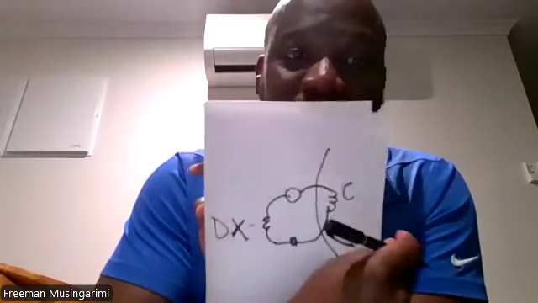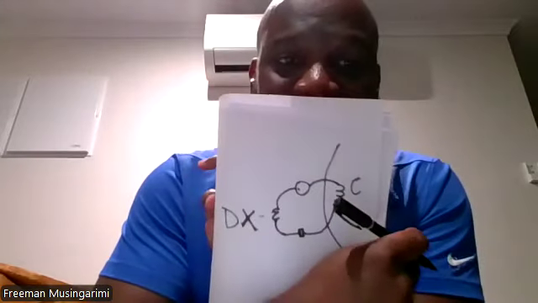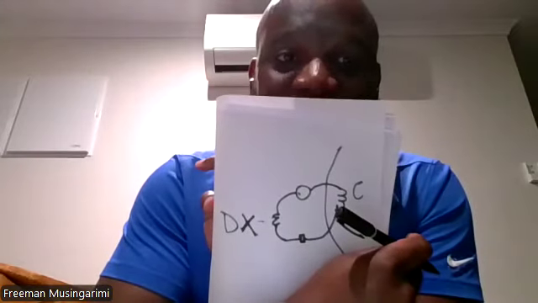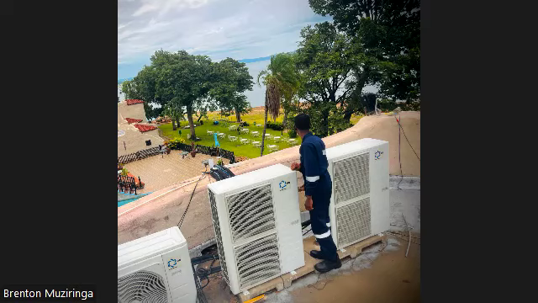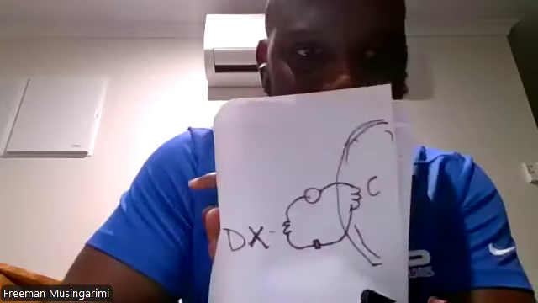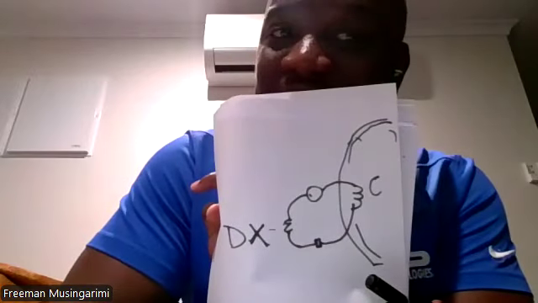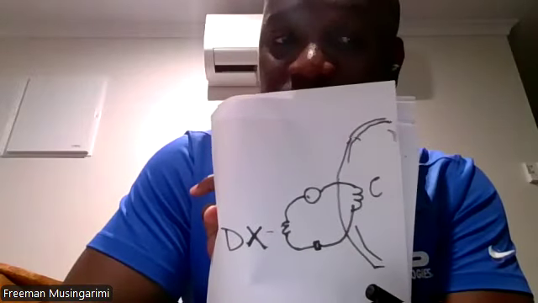The condenser for the refrigeration cycle, which is the DX, is inside the condenser part of the chiller, which is using water for taking the heat from the condenser of the DX. So don't mix the two.